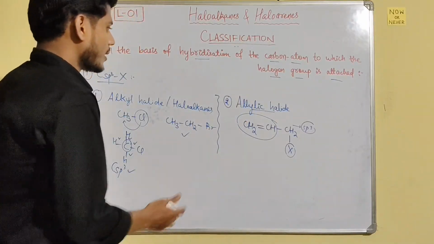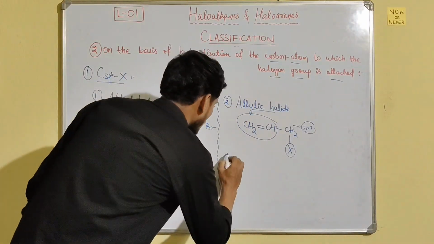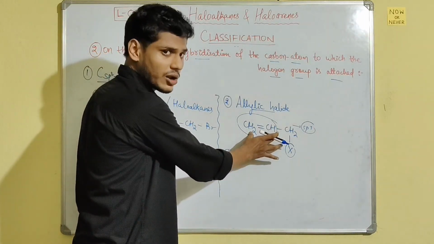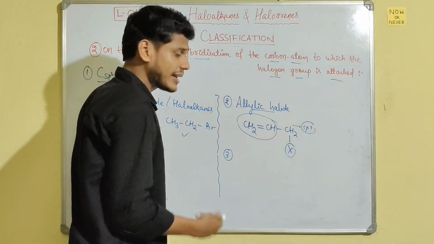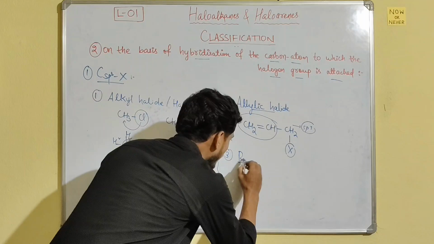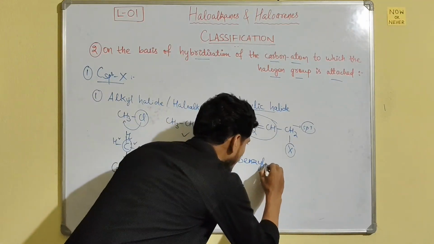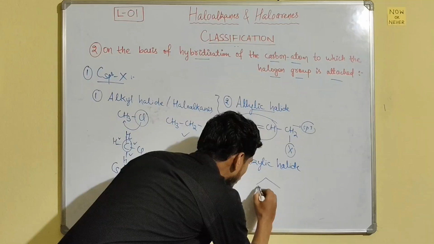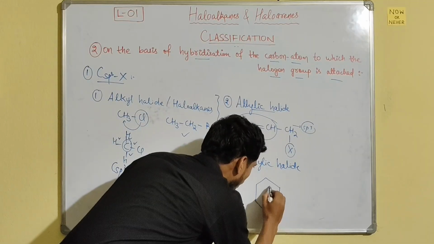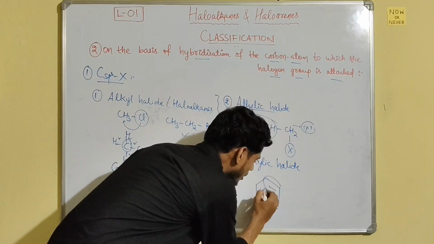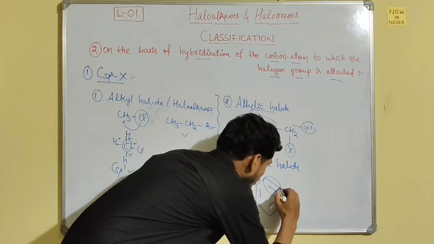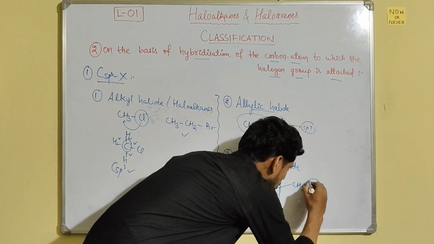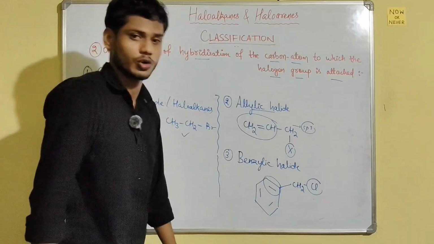Done. Next, coming on to number 3, that is benzylic halide. So this was the case of aliphatic compounds. If we consider an aromatic ring, it will be called benzylic halide. How? See, for example, if we consider an aromatic ring, this is the doubly bonded system. Next to the doubly bonded system, there will be an sp3 hybridized carbon, and to that carbon a halogen group will be attached.